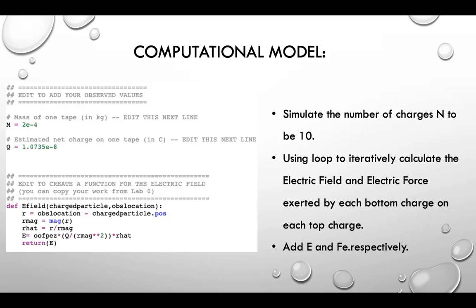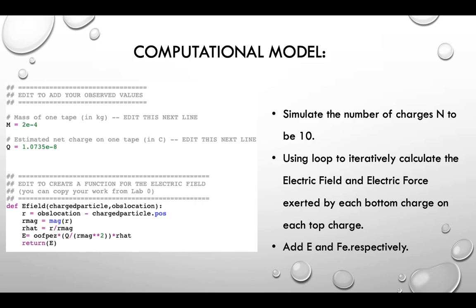This is the computational model that I created. First, I insert all the values measured from Lab 1, and then I create a function for the electric field. This function is exactly the same as the function that I created in Lab 0.